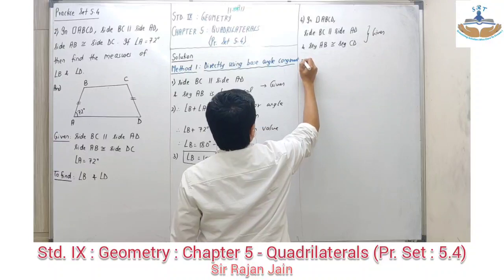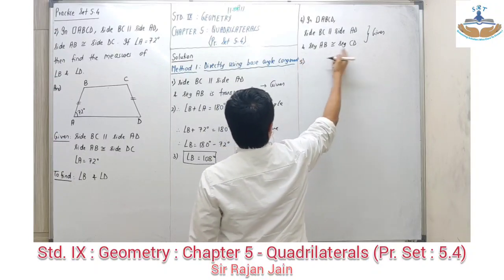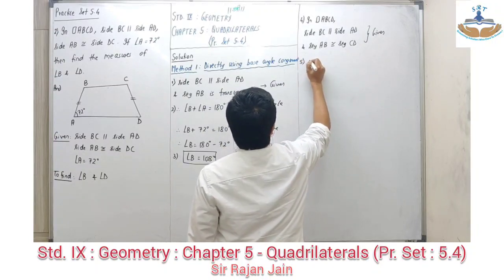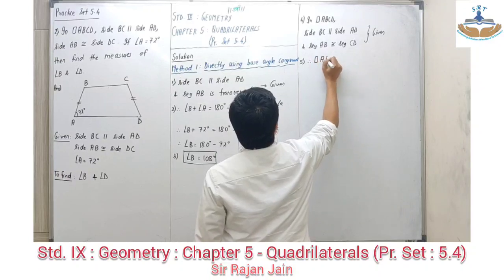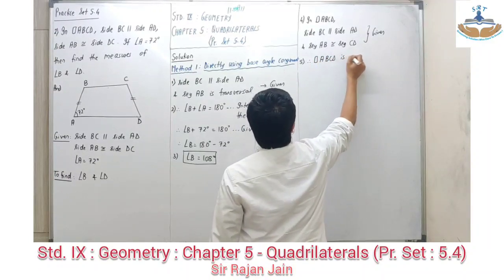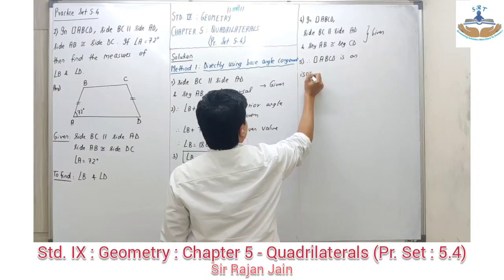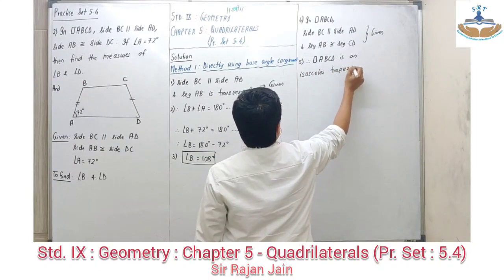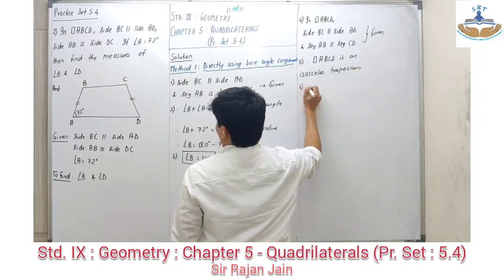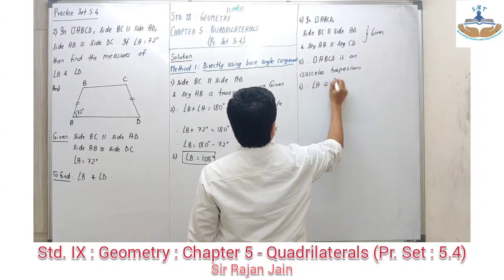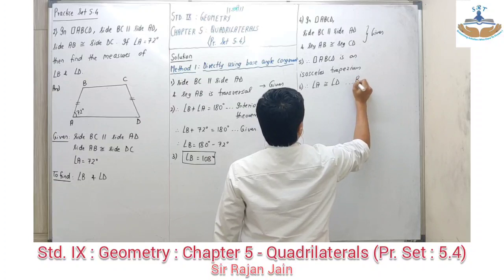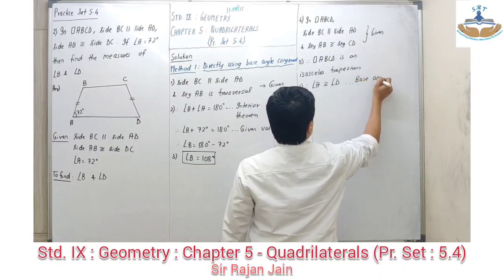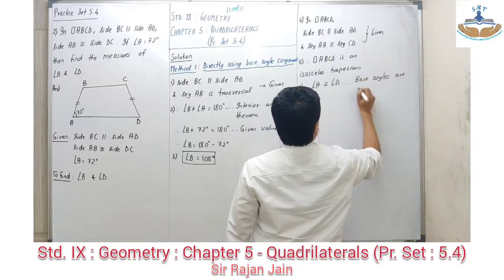If one pair of opposite sides is parallel and the second pair of opposite sides is congruent, you can say therefore quadrilateral ABCD is an isosceles trapezium. Okay? Therefore, angle A is congruent to angle D. Reason, you write the property, base angles are congruent.